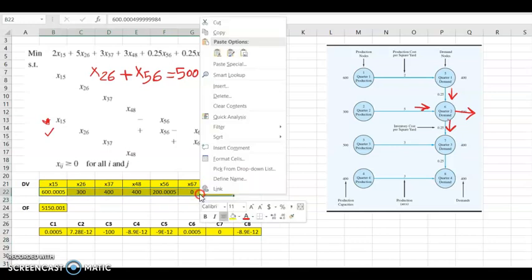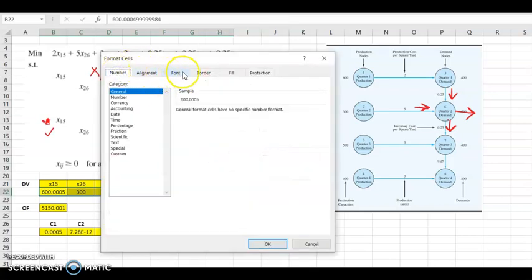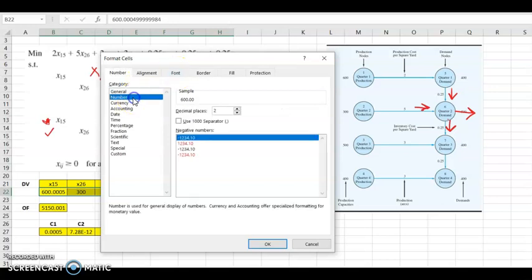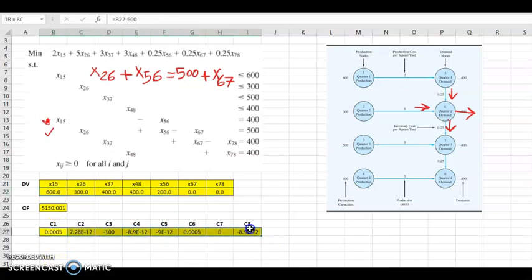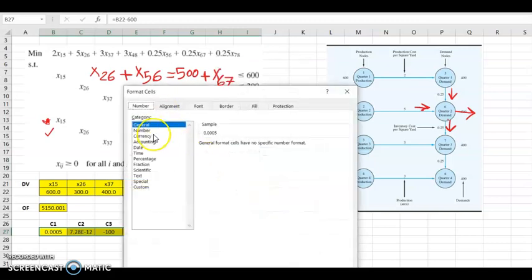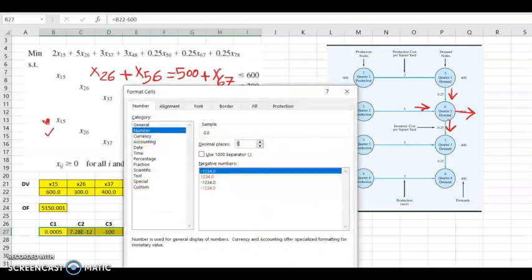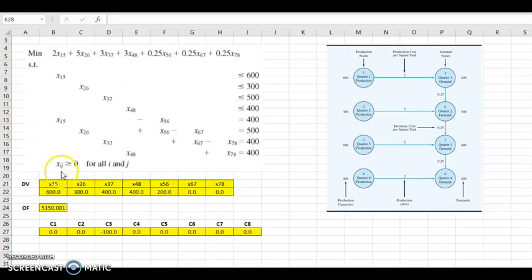Just make them all round to 1 decimal. As you can see here, we have the final answers, and let's check it together.